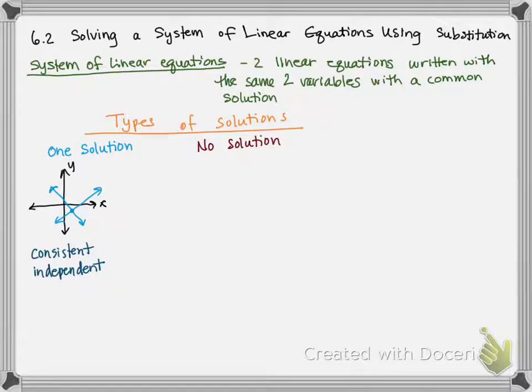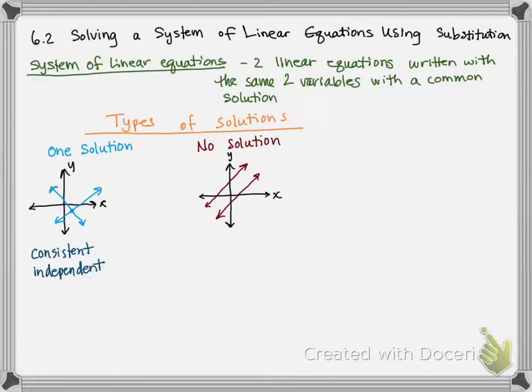So let's see. Can you think of a situation in which two lines can be graphed on the same coordinate axes and they don't intersect with each other? And if you're thinking, oh yeah, we talked about that, the answer would be this situation of parallel lines, okay?